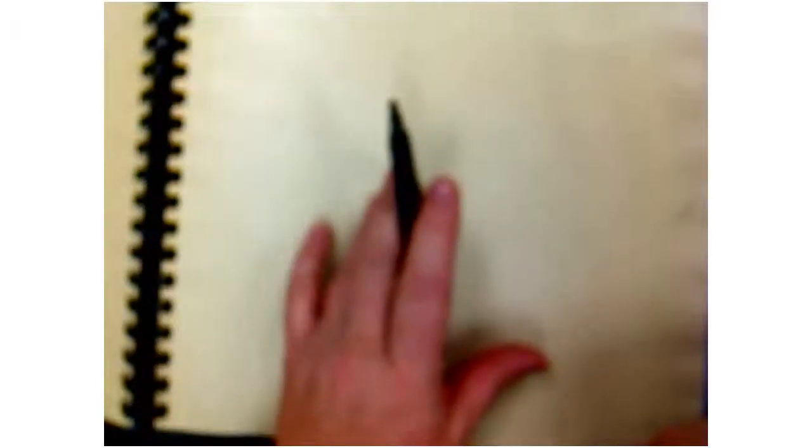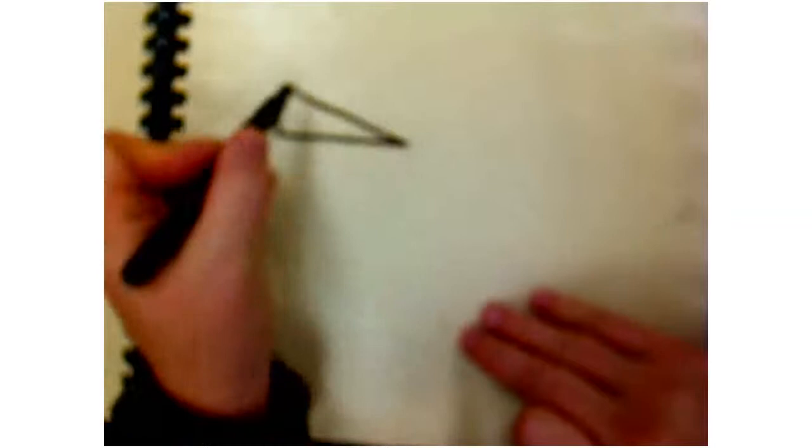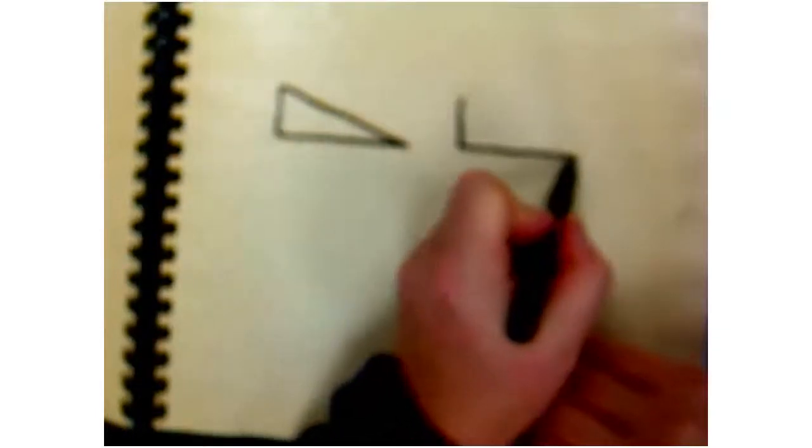And it just shows the same triangles again, triangle ABC on the left and triangle DEF on the right.